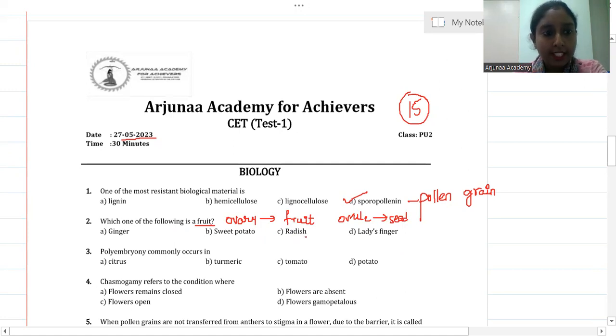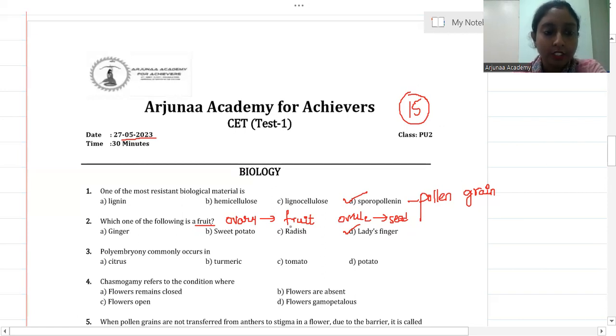These modifications are done mainly to store food. Although we consume them, although they are edible, they are modifications of root and stem, but not the product of sexual reproduction. In case of lady's finger, the ovary becomes the fruit, and we can even see the seeds inside it. So this we consider as fruit.